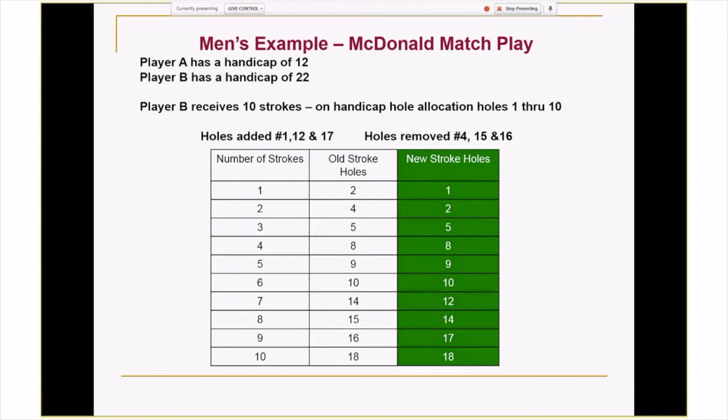So if we think back to maybe our own games, we may be able to rationalize a little bit more with those strokes, realizing that the 4th hole, 16th hole, are probably more difficult holes, but they're also more difficult for the scratch and the bogey, and maybe could take advantage of having that stroke on number 1, 12, or 17, where that differential would be a little greater.